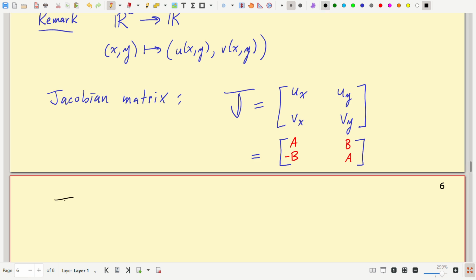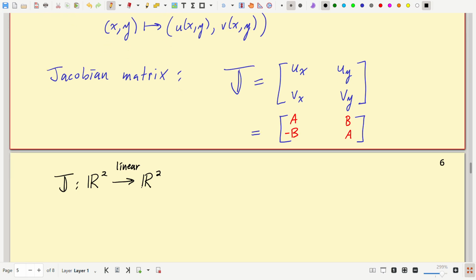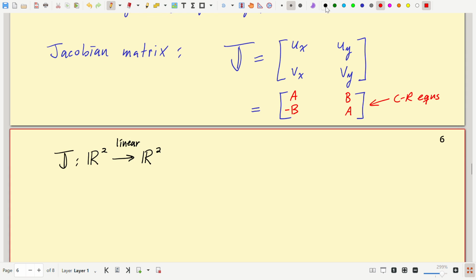So the Jacobian matrix maps R2. When you use it, think of it as a matrix for a linear transformation, then it gives you a linear transformation from R2 to R2. And the Cauchy-Riemann equations mean that this is exactly representing complex multiplication. Okay.